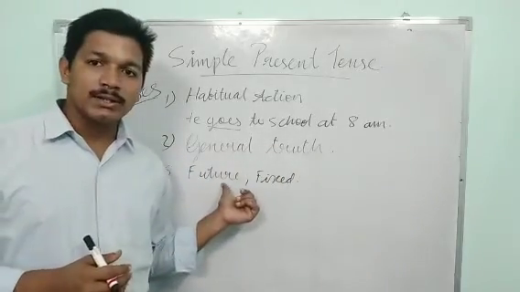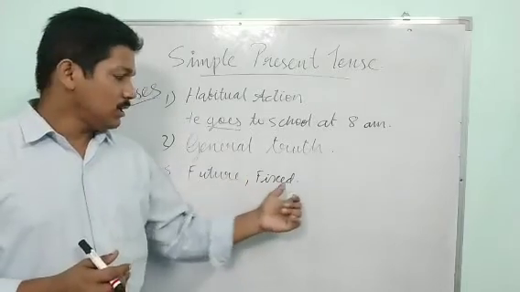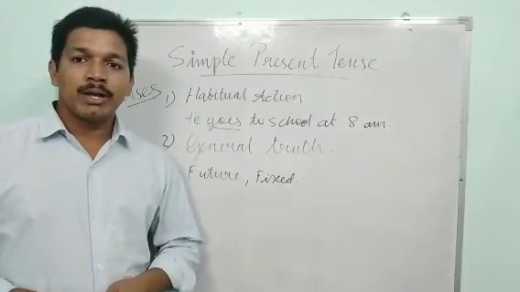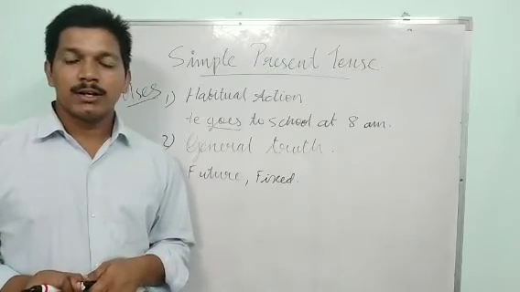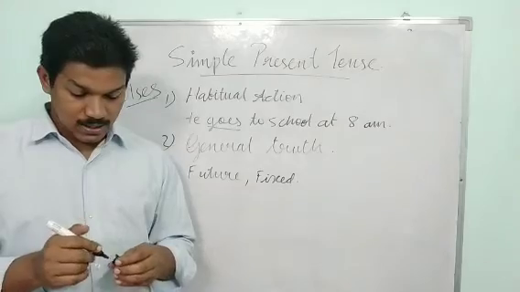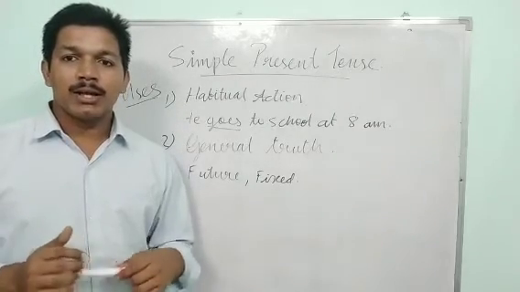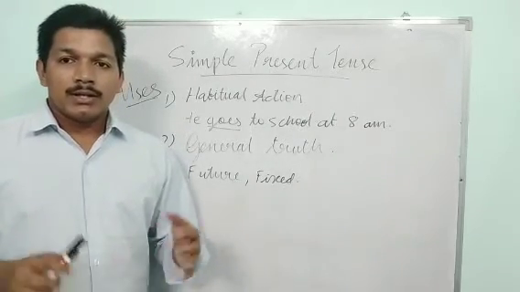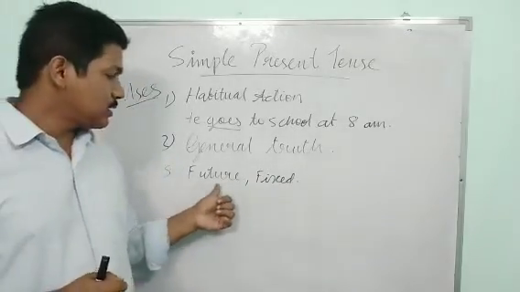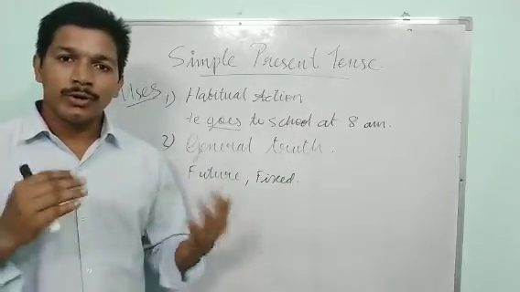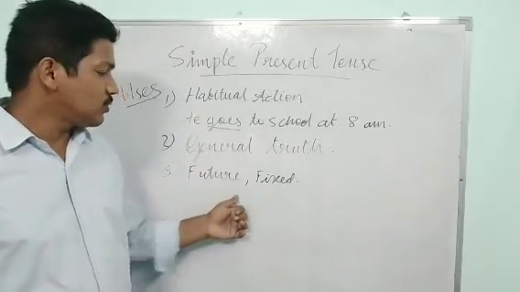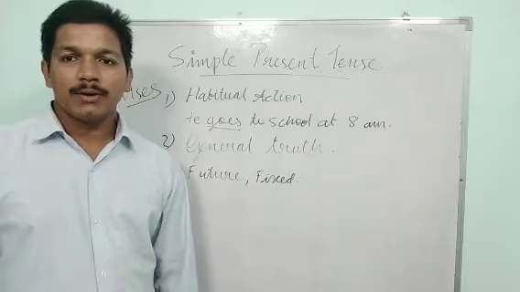This sentence is in the future, but it is a fixed action. Or we begin the classes on September 1st, or we begin the exam on September 1st. It shows that it is fixed and going to take place in the future. We use this type of example for such sentences.